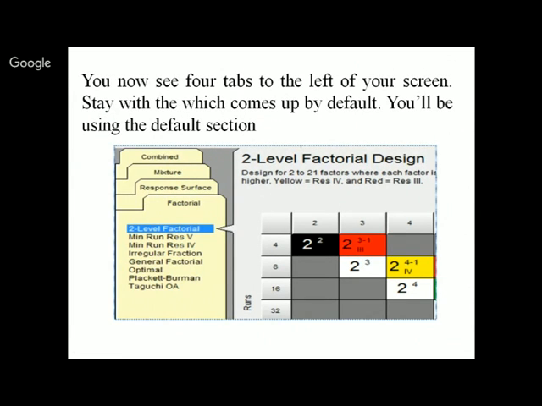Now you can see that there are 4 options. One is factorial, second is response surfaces, third is mixture, fourth is combined. Basically these are the types of designs you can choose. In this case, this is a 2-level factorial design. This is again a 2-level minimum run.